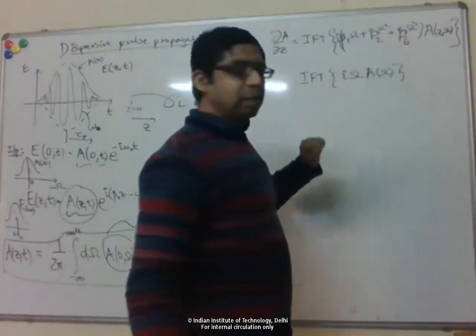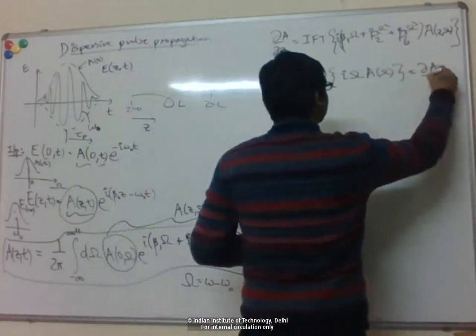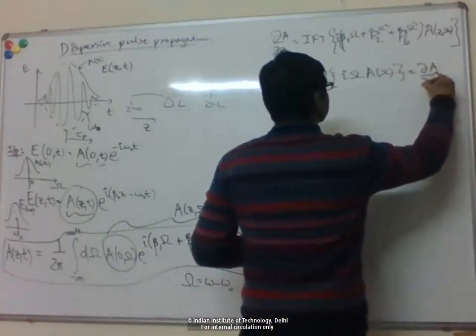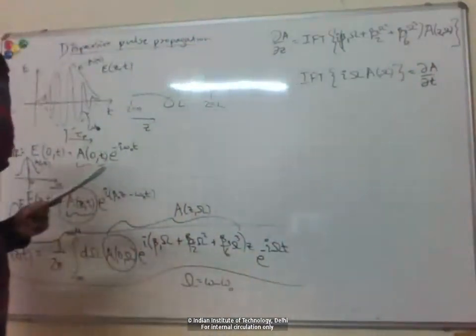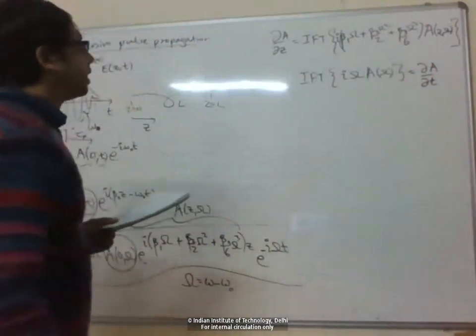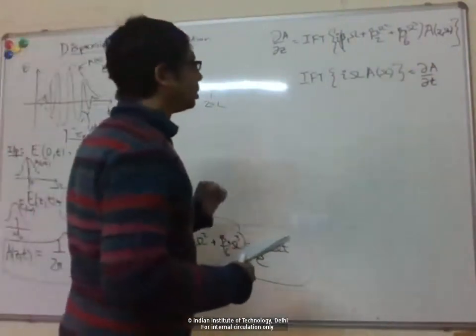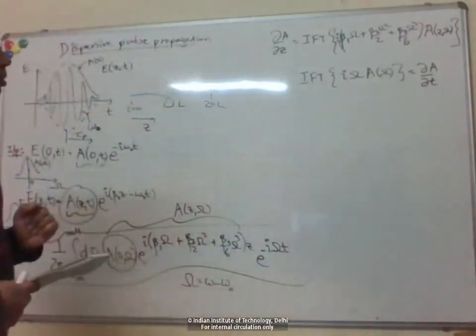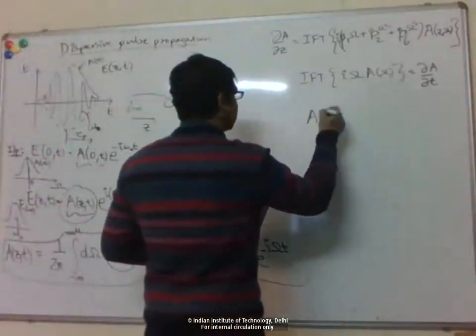If I multiply by this i omega, you know that this is just dA by dt, because again, this is a basic Fourier transform relation.